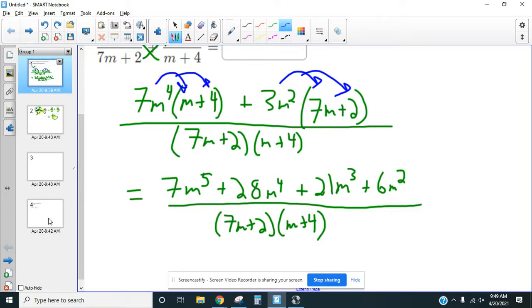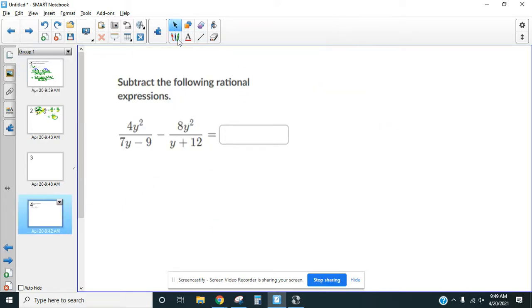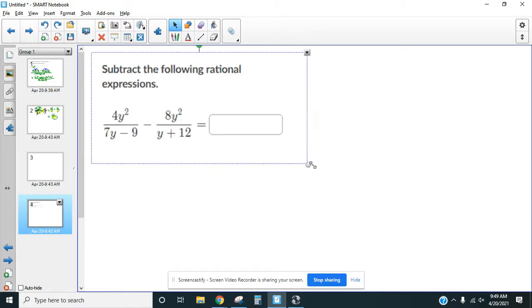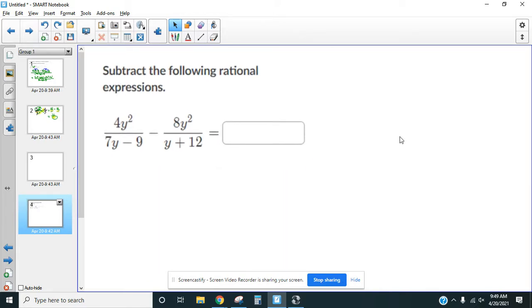Okay, here's the second one. Then I'll get out of your way. This one's subtraction. It looks pretty much the same. One hard part when you subtract a fraction, people get confused about what to do with the minus.